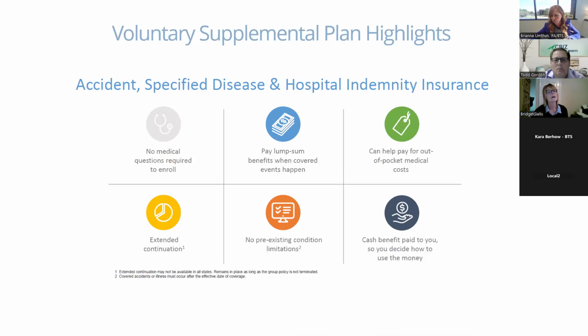Okay. The other nice thing about this, you could take a family plan for the medical, but you can select what family members you want under these programs. So if you only want the specified disease for you and your spouse, you can select that.